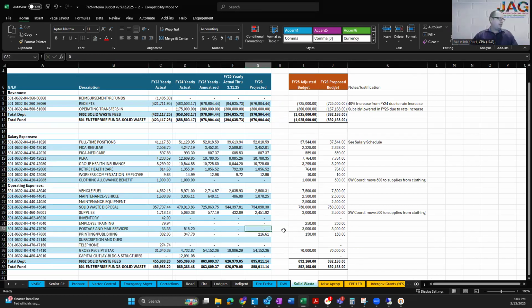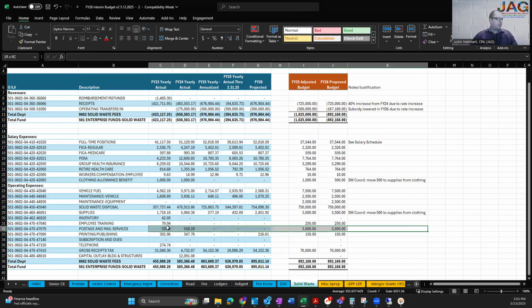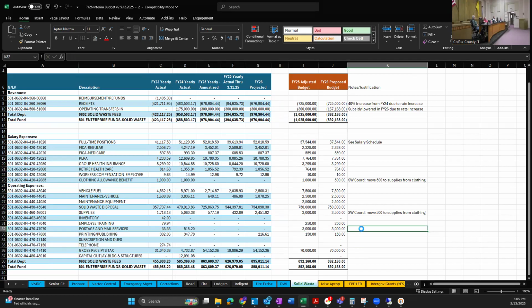Not sure. Is solid waste not sending out actual mails? Is it by email or is there not actually expending? It's probably coming out of the county manager's office. They send bills though. Unless it's probably not being paid out properly. It needs to be allocated. Yeah, do you want to go to the county manager's office?